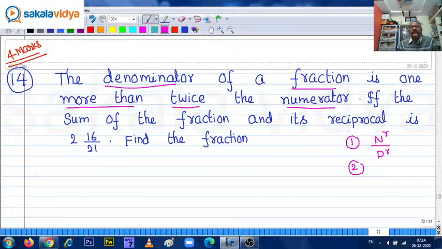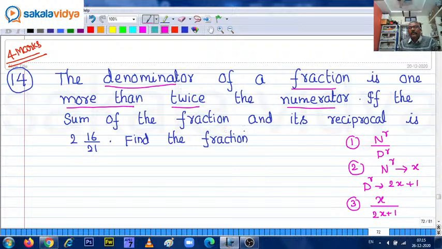That means we treat the numerator as, say, x. Now the denominator becomes twice the numerator, 2x, plus 1, so 2x plus 1. That means now the fraction becomes numerator by denominator, x upon 2x plus 1. This is our fraction.